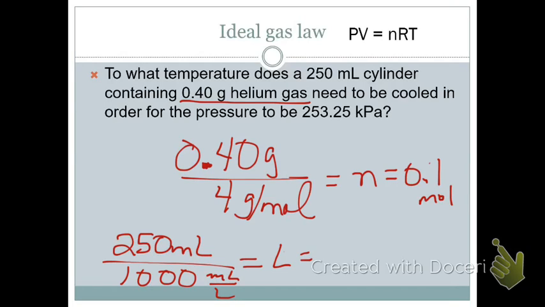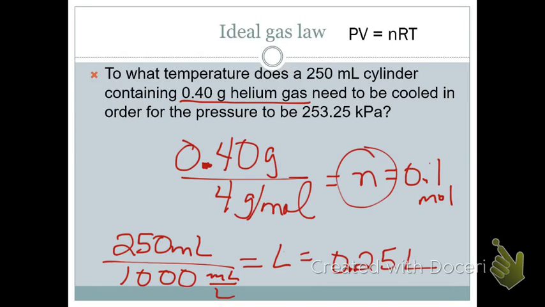And then for my volume, I'm going to take 250 and divide it by 1,000, and that is going to give me 0.25 liters. Okay, so now I know my moles and I know my liters.